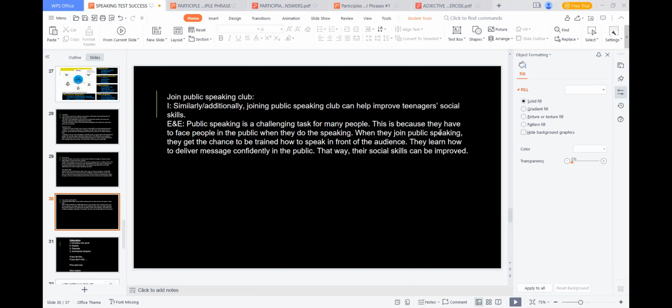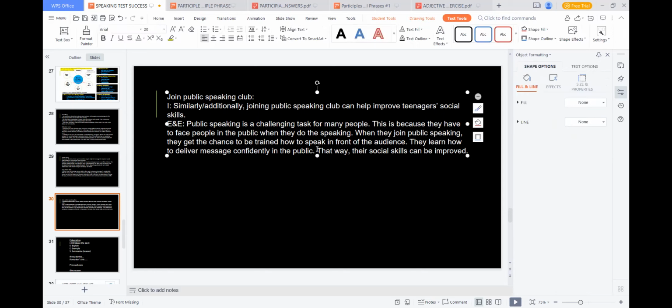This is because they have to face people in the public when they do the speaking. When they join public speaking, they get the chance to train how to speak in front of the audience. They learn how to deliver message confidently in the public. That way, their social skills can be improved. Yes, this one is the conclusion.